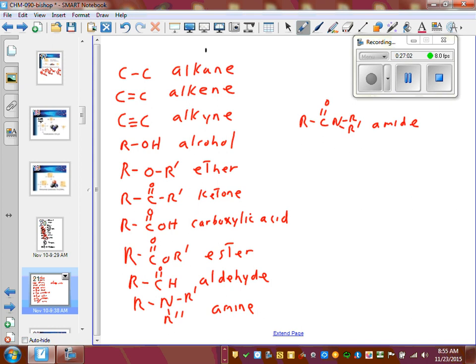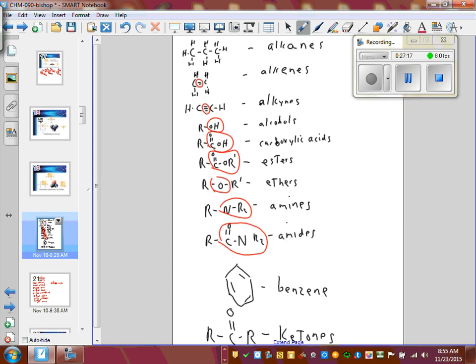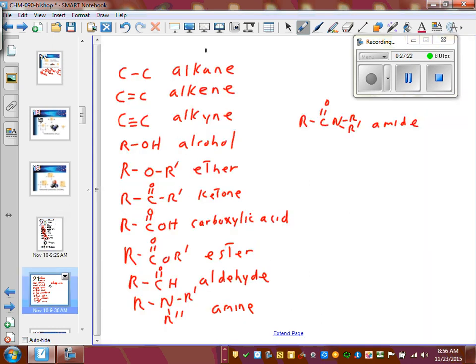Amine, amide, aldehyde, ester, ketone, alcohol. And if I have a six-membered ring, it's a benzene. So those are the groups you should be able to recognize.